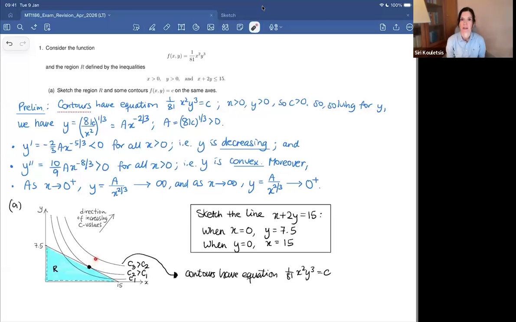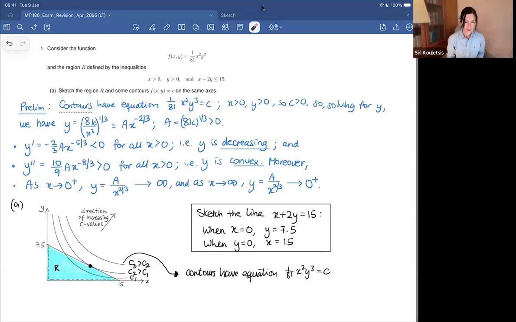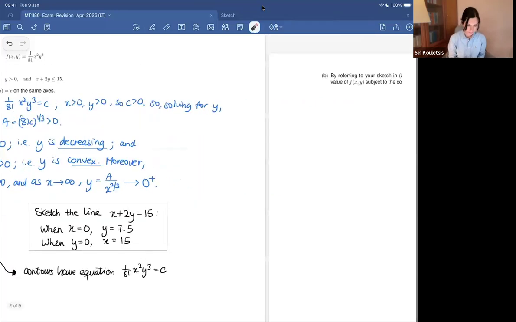Well, of course, it is the maximum. It's the point where the maximum occurs when we want to maximize f of x and y, that expression, subject to the constraint that the point xy should be in the region R. And that will be the next question.